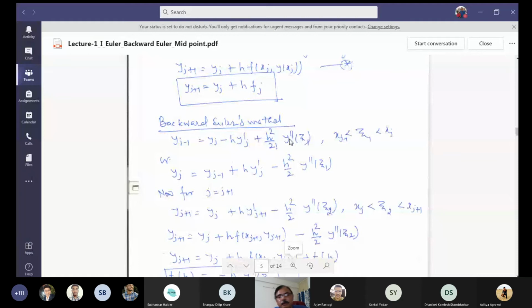Now next we proceed. You see, y of xj minus h, that is yj minus 1, what is its Taylor expansion? It will be yj minus h yj prime plus h square by 2 factorial y double prime of xi1, where xi1 lies between xj minus 1 and xj.